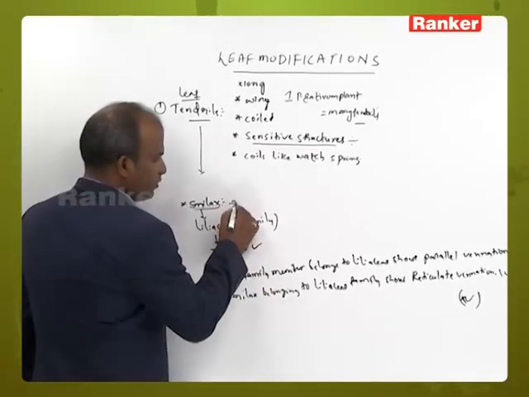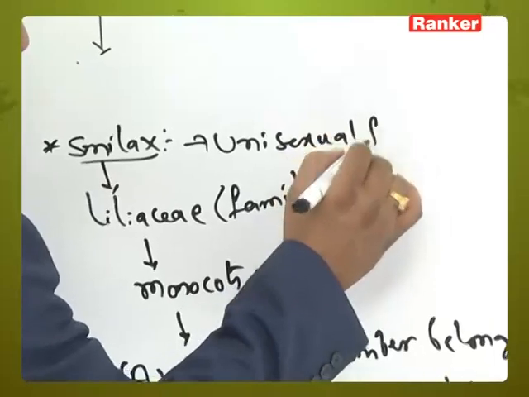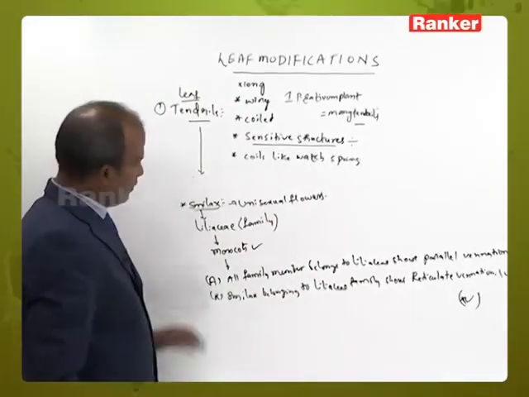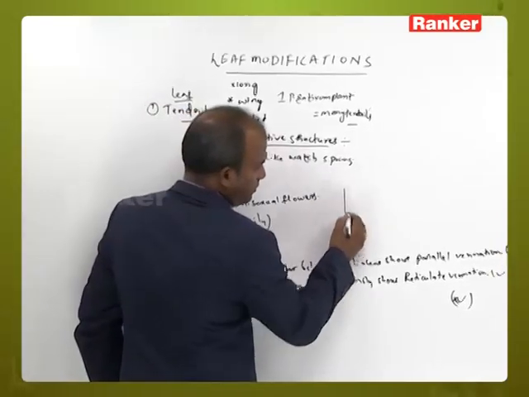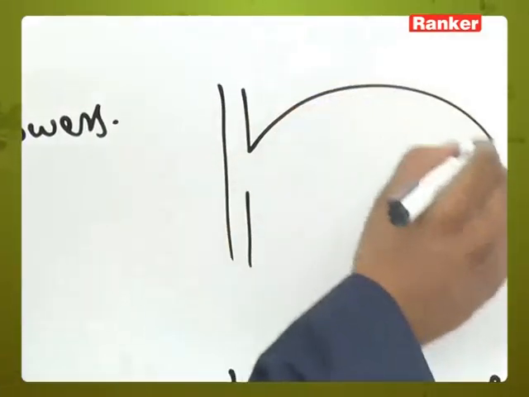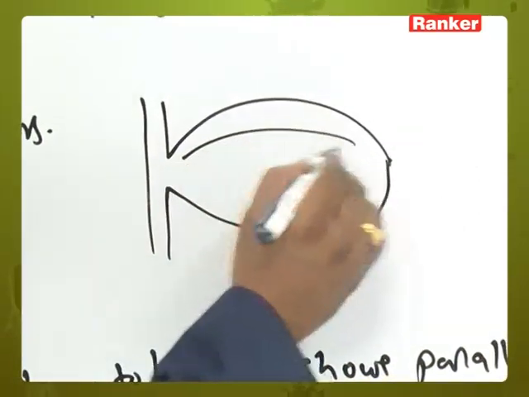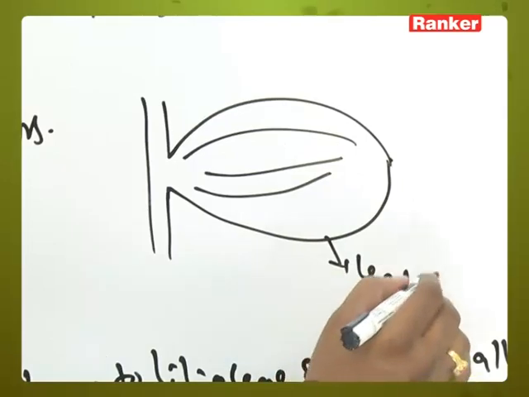In this Smilax, unisexual flowers are present. This is the diagram of Smilax, and this is the leaf of Smilax.